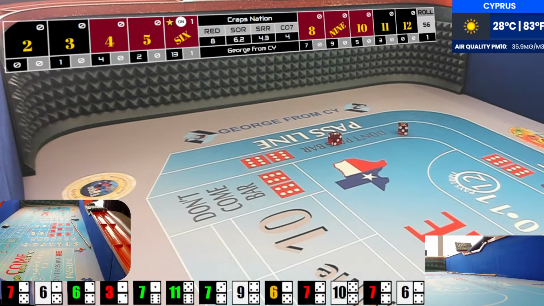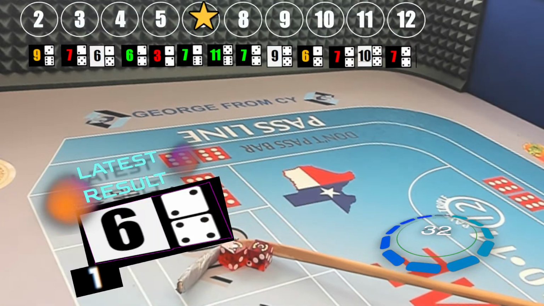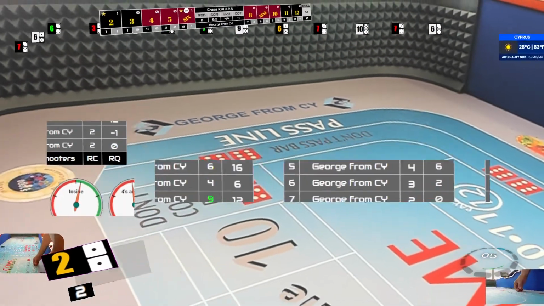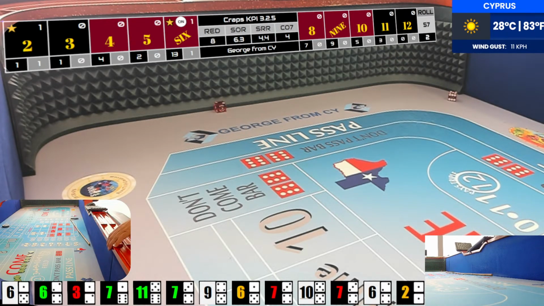Aces, unexpected, implosion, left. Dice up. Two five implosion right.